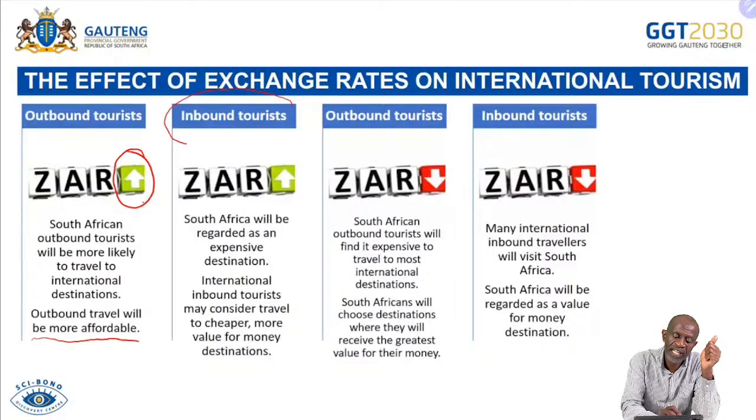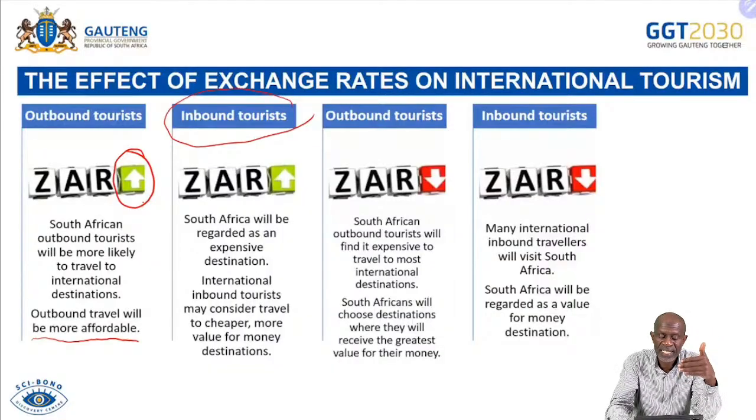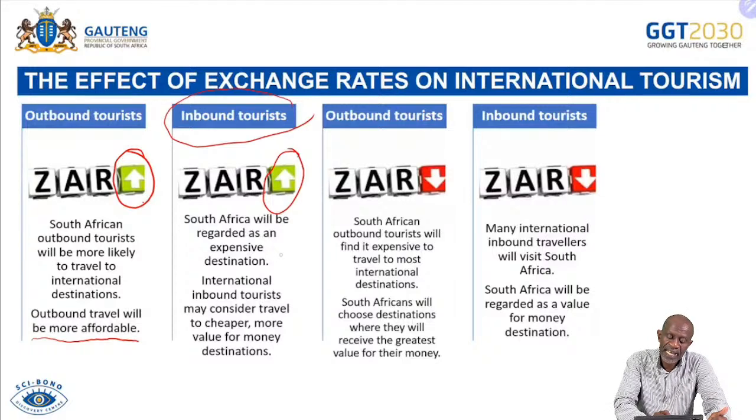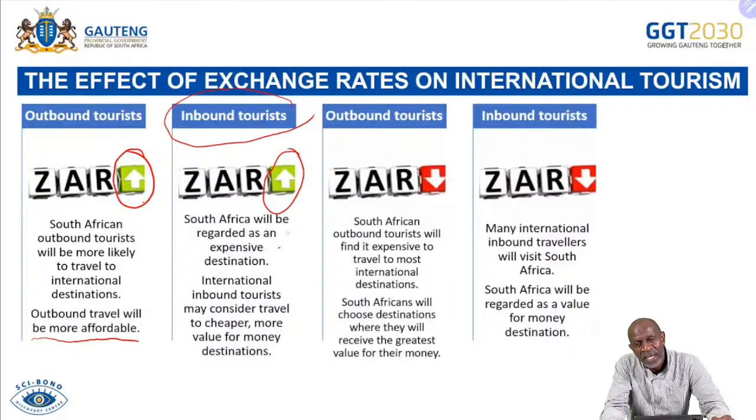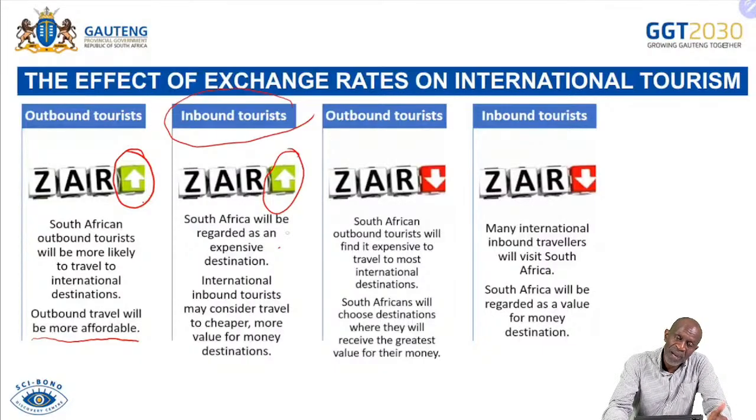And let's look at inbound tourists that are coming into the country when the rand is strong. South Africa will be regarded as an expensive destination. When the rand is strong, it means when the foreign tourists visit or inbound tourists come into the country, they will get less when they exchange their currency to the rand. So in South Africa, they will buy fewer products and services.